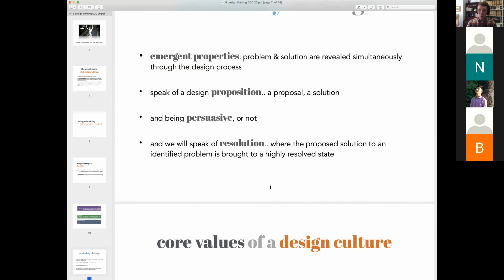Low cost, high functionality, high resilience, make it beautiful, all of those kind of things. To what degree have we resolved them through a proposition that is the best available to us given the resource constraints, including time, that we have?